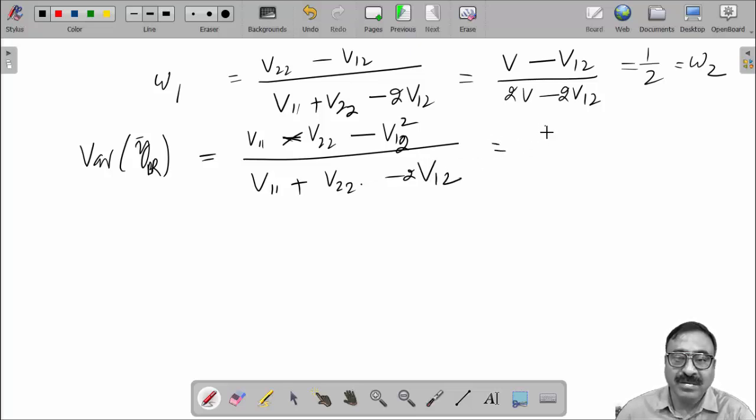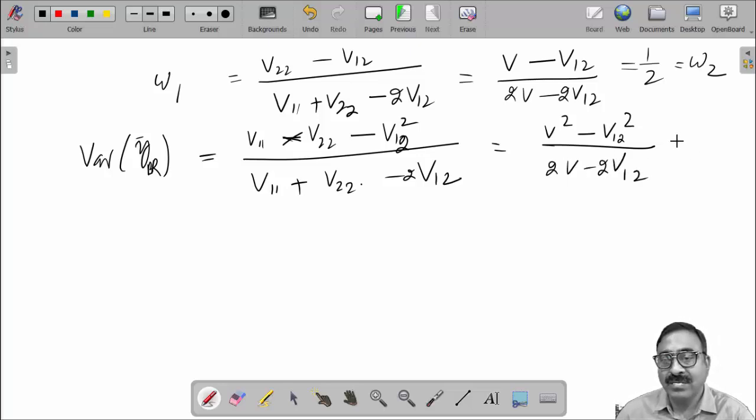So this will be equal to V square minus V12 square divided by 2V minus 2V12. So this will be equal to V plus V12 divided by 2.